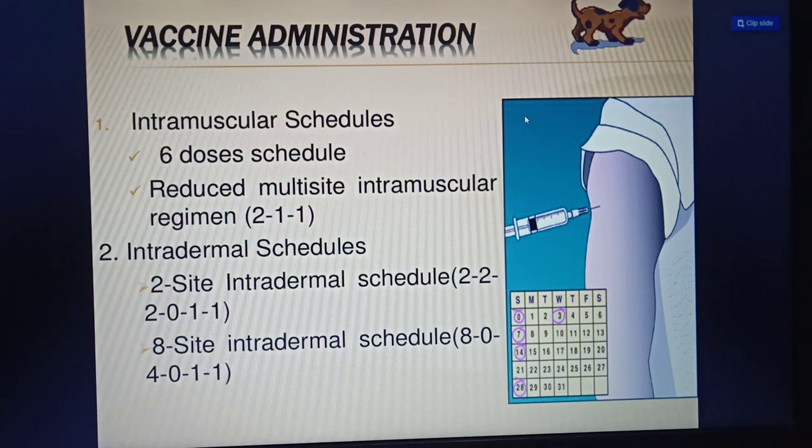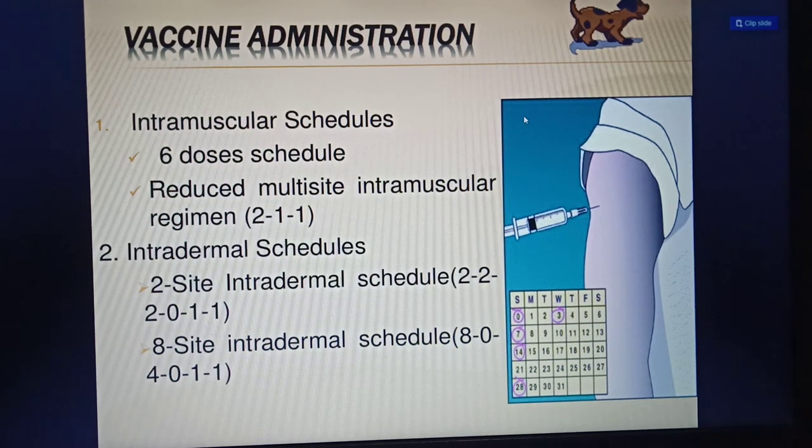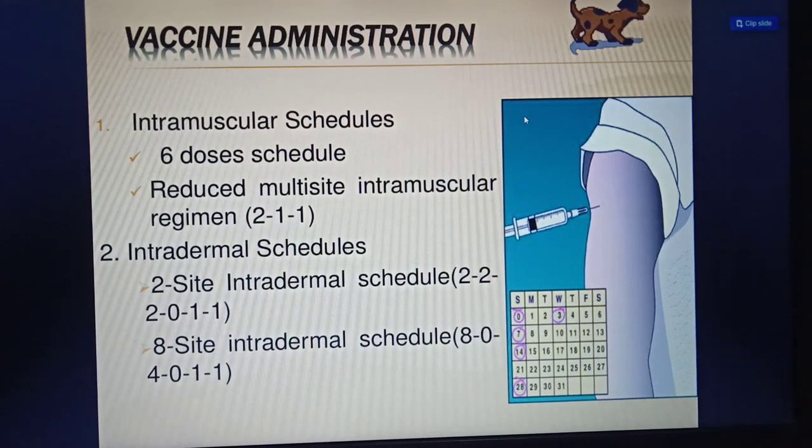Okay, and vaccine administration, how you have to administer: the intramuscular schedule, a 6 dose schedule you have to give to the patient. Okay, and also intradermal schedules you have to give, like day 0, day 1 and so on. So like that you have to provide the schedules of the time.